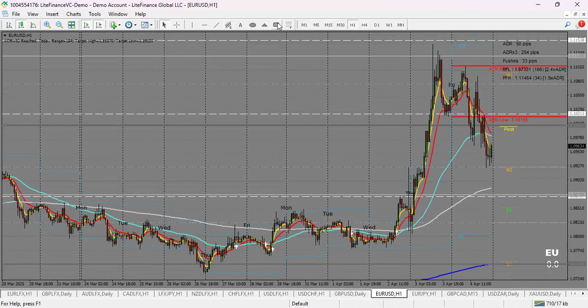So if the market comes and forms a reset here, that will be good. So 1, 2, 3. I'm expecting the market to form a peak reset around this level before going up.